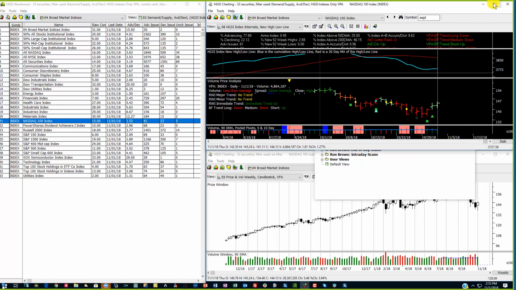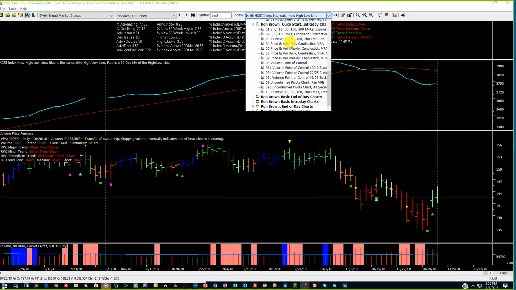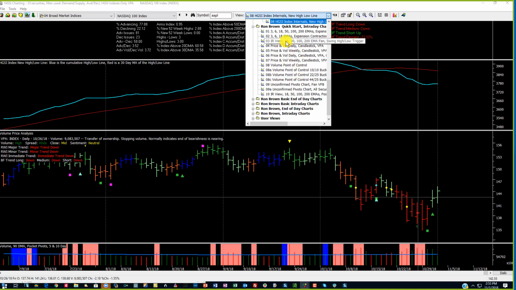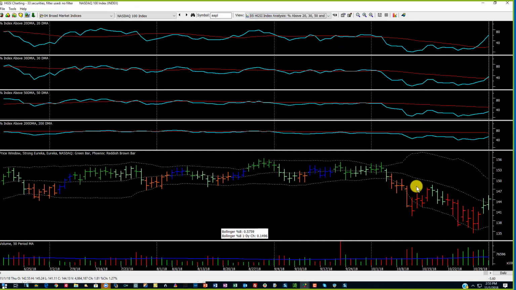Let's quickly look at the Nasdaq 100. Okay, what chart? Let's just look at this one right here, and you can see how quickly the Nasdaq 100 back here. Here's the Nasdaq 100 back on this is October 3rd.